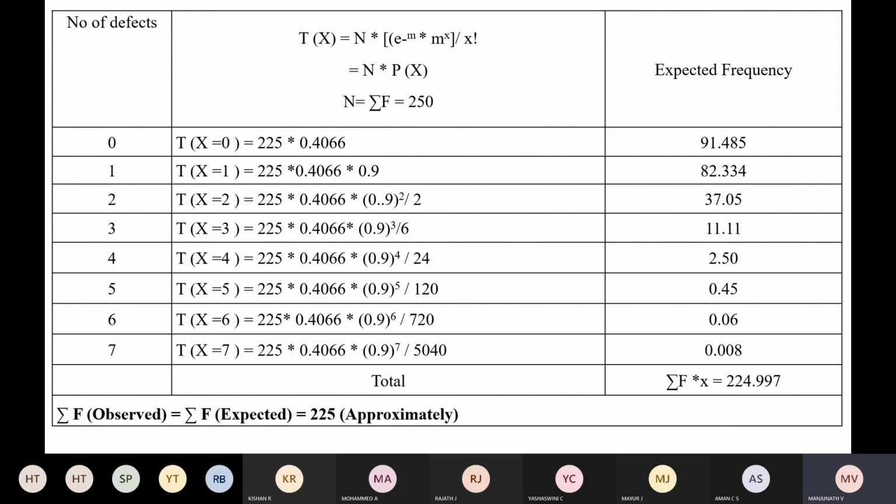The next image. Next line, another one. Okay, okay, good. Yes, 250.014. Approximately it is 250. Good. Thank you, Hritik.